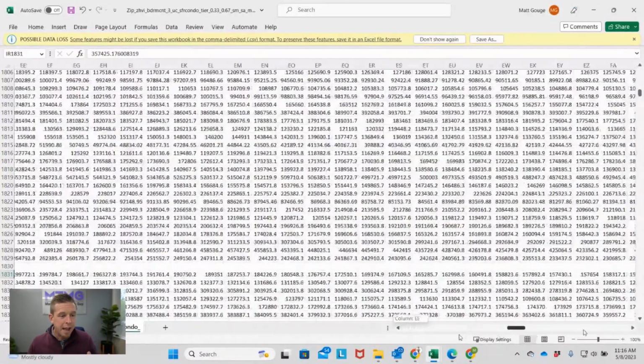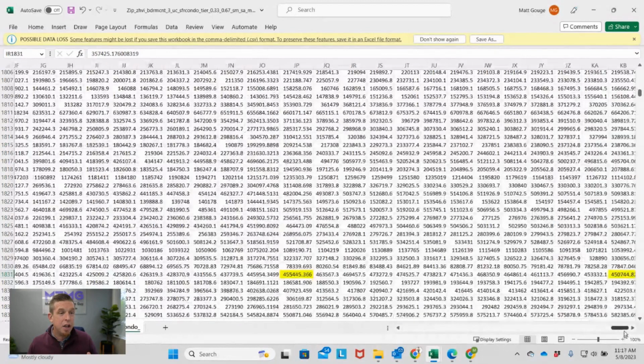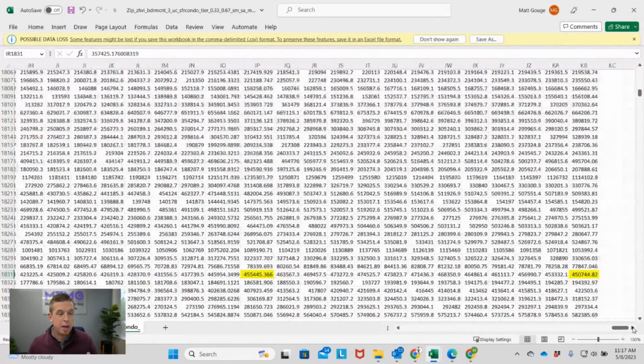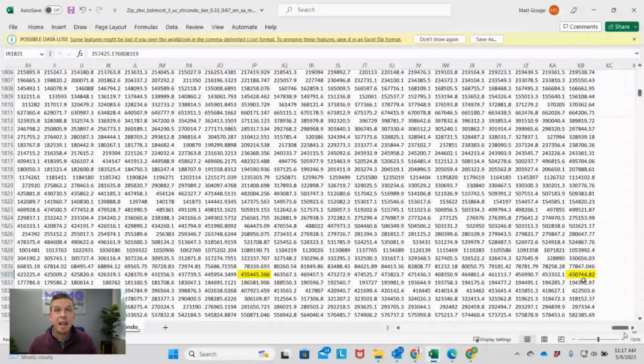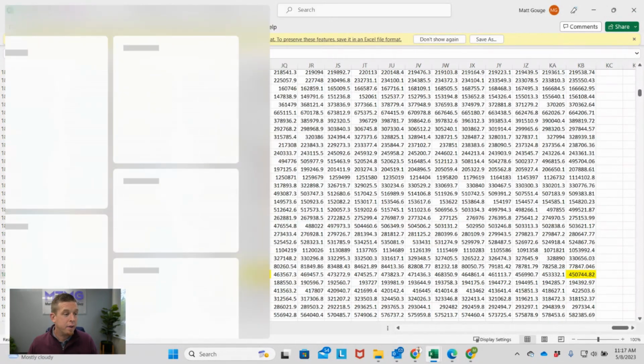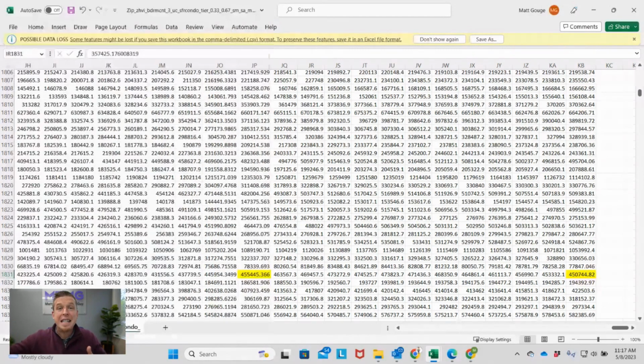So line 1831 actually highlighted March of 2023, 450,744. And then you go back to March of 22, 455,445. So you're seeing about a 1% decline in this zip code based on their metrics, right?